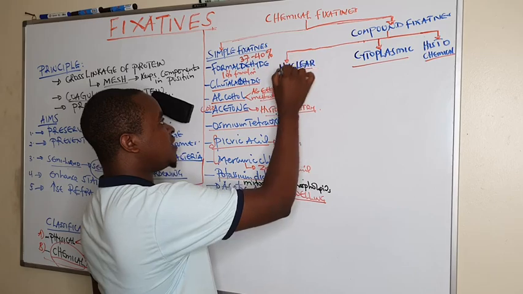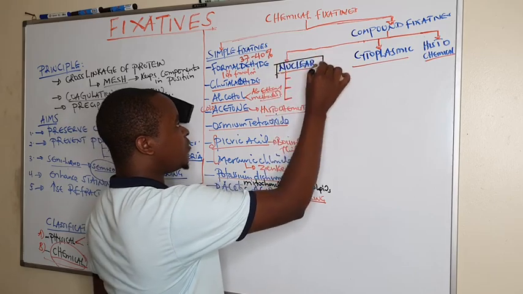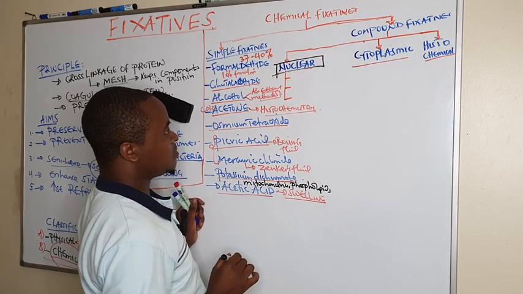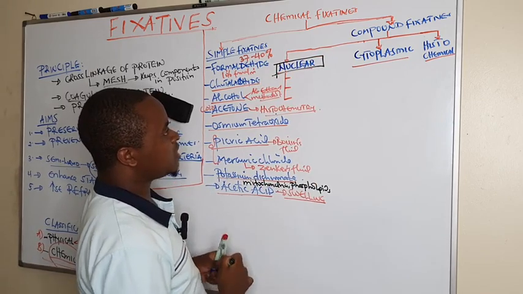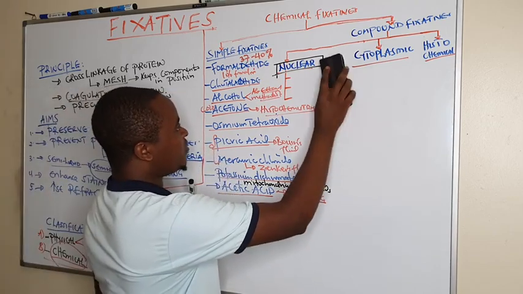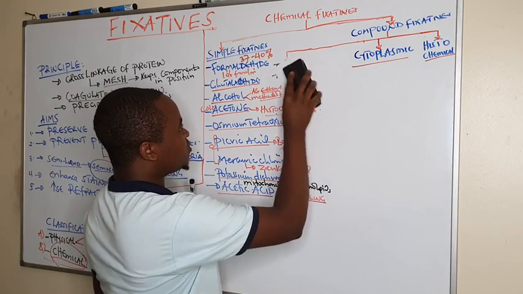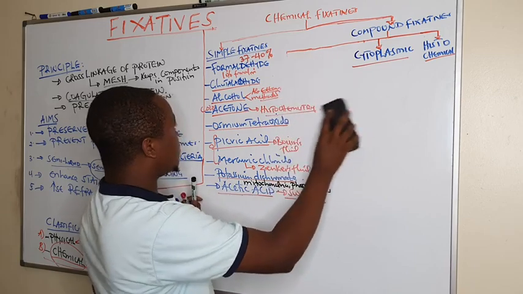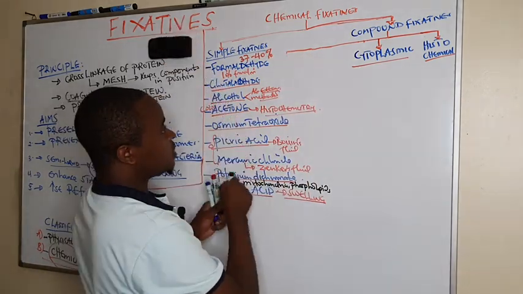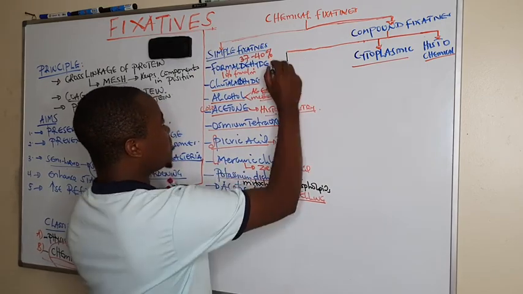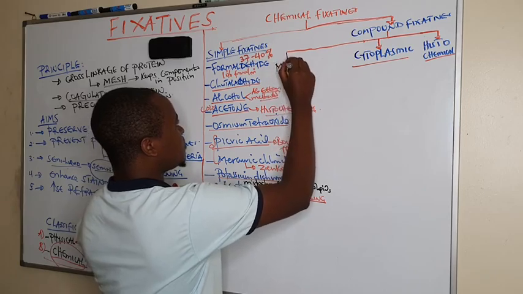So these fixatives preserve the morphology of the nucleus. But before we look at the nuclear compound fixatives, there are others which we call microanatomical. So the first one, we have what we call microanatomical fixatives.